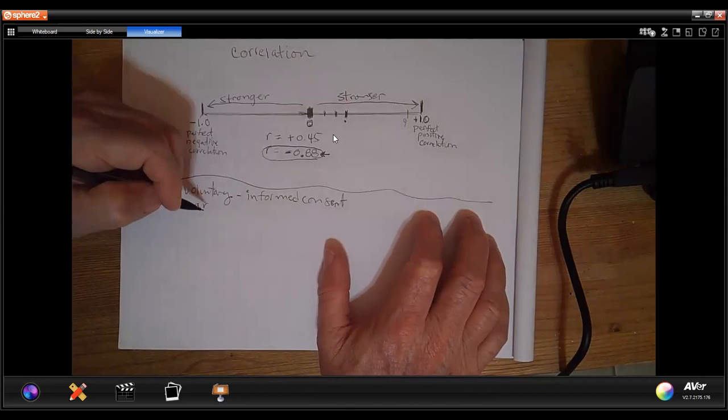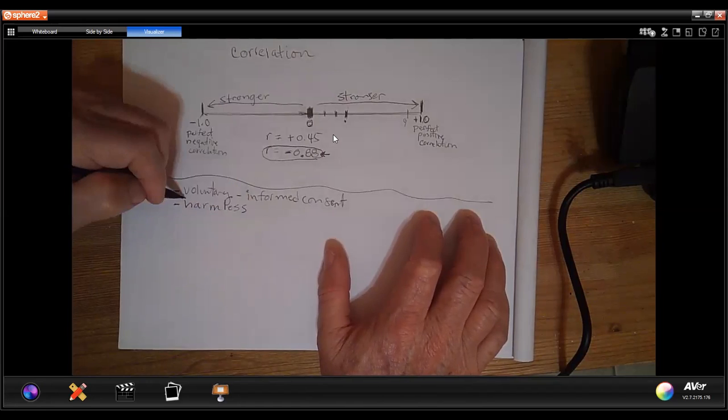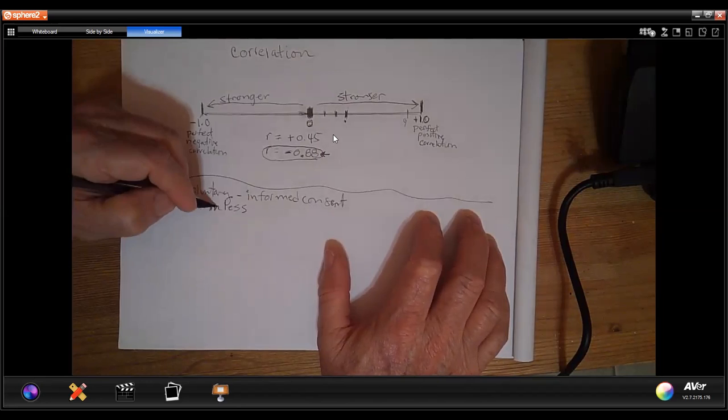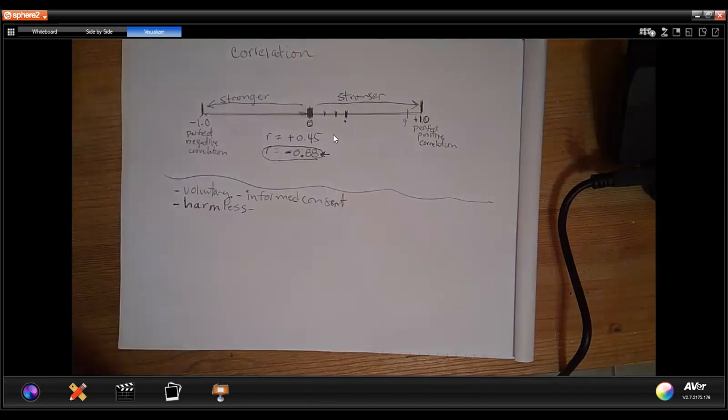Research also has to be, we use the term, harmless. Okay, now what is actually meant by that? Ethical guidelines indicate that in the course of that experiment, the person will not suffer anything that is more distressing than they might encounter in a typical day.